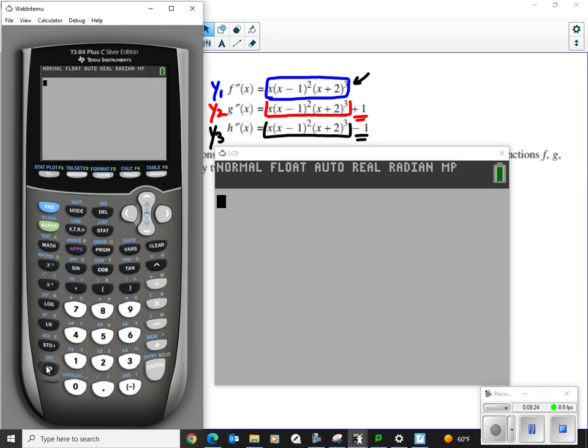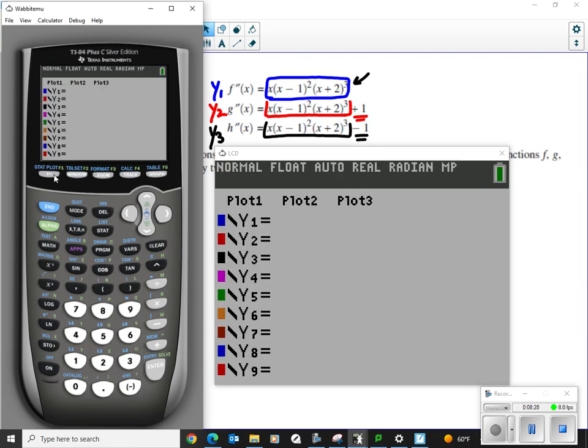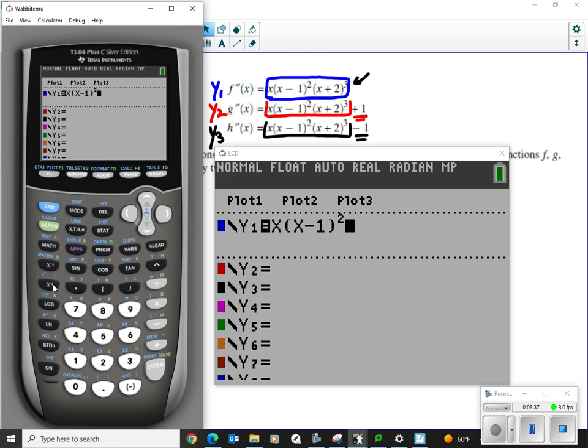Turn this on. I'm going to go to y equals. And I'm going to put in y1, which I've color coordinated, the blue box: x times (x minus 1) squared, times (x plus 2) cubed.